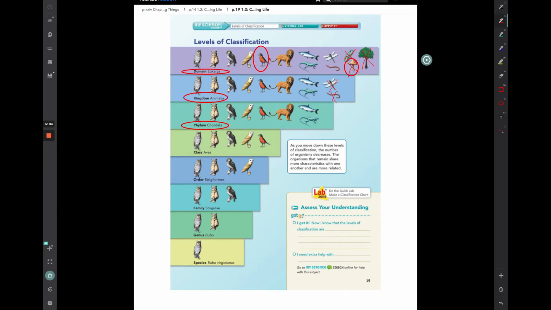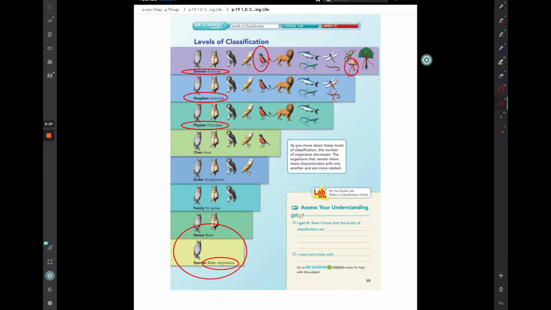And then you just continue to break these down so that the closer you get to the bottom, the more closely related those organisms would be. Remember, the scientific name comes from these last two, which is the genus and the species name. Remember, in the last lesson, that it is written in italics.